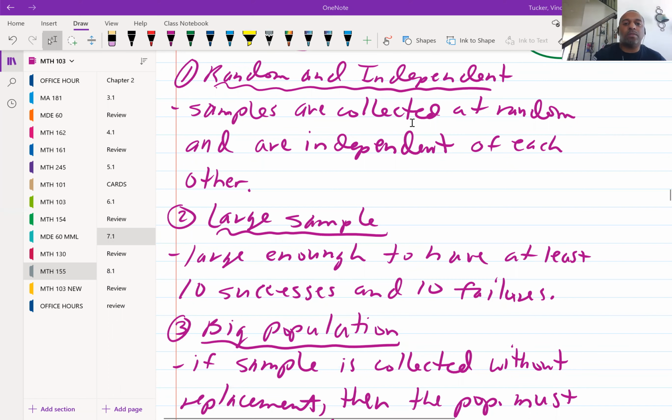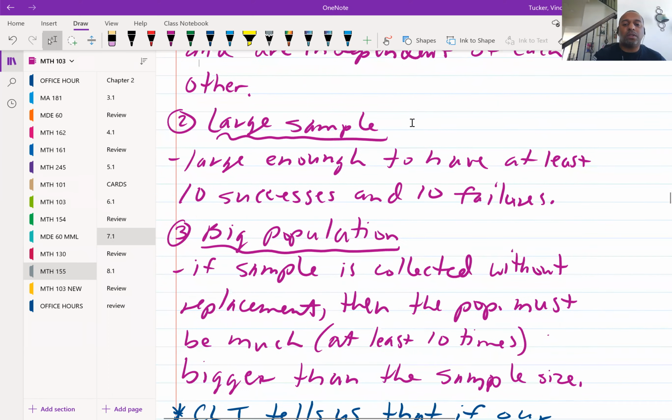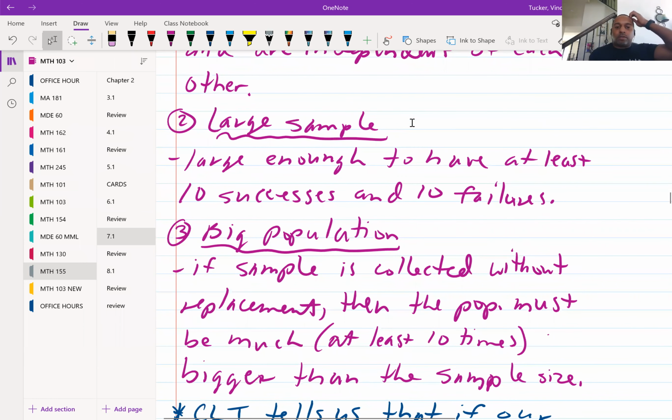Yep, not a problem. All right. Third condition, you want to have a big population. If the sample is collected without replacement, then the population must be much bigger, so at least 10 times bigger than the sample size.